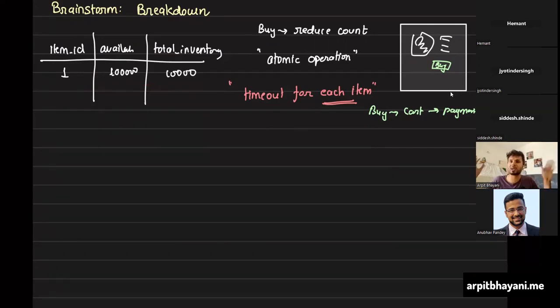Although it's a flash sale, not everyone came at the same time. The flash sale started at 10 a.m., but someone came at 10:01. Everyone's timeout should not be 10:20. People who picked the item at 10 should have a timeout of 10:20, and who picked it up at 10:01 should have 10:21. So you need the timeout at the item level rather than at an aggregation level, so aggregation might not fit in.